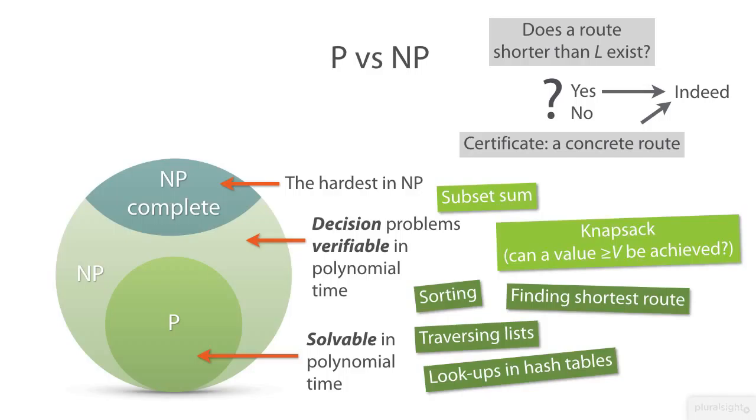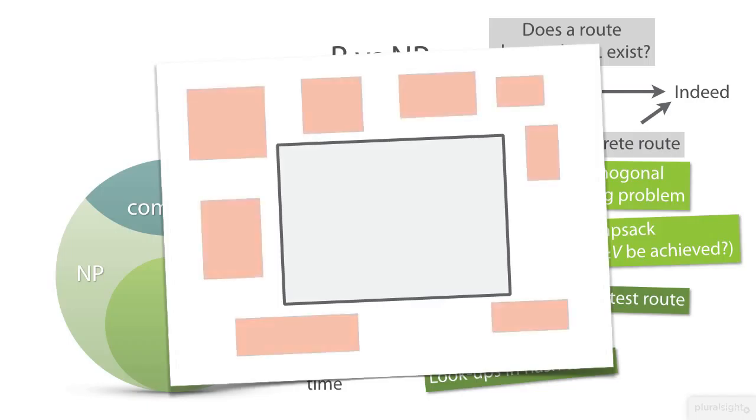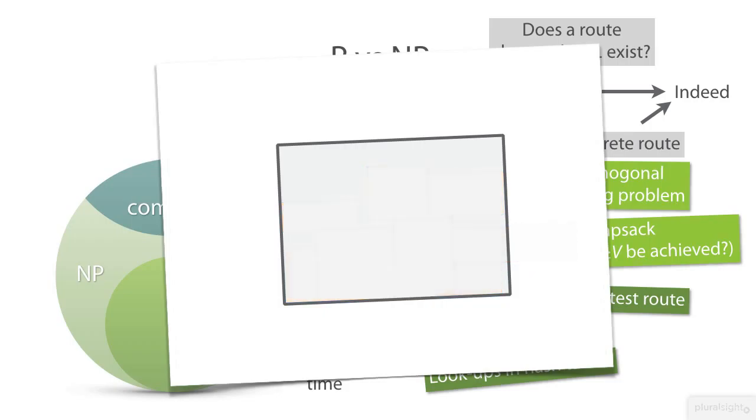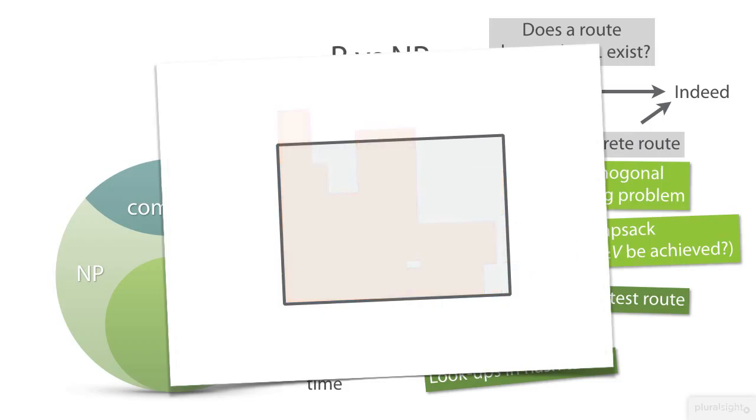here is the orthogonal packing problem. Consider a rectangular container of a certain size, and consider a bunch of boxes, possibly of varying sizes. The problem is now to decide if the boxes can be arranged in such a way that they all fit within the container without overlapping each other.